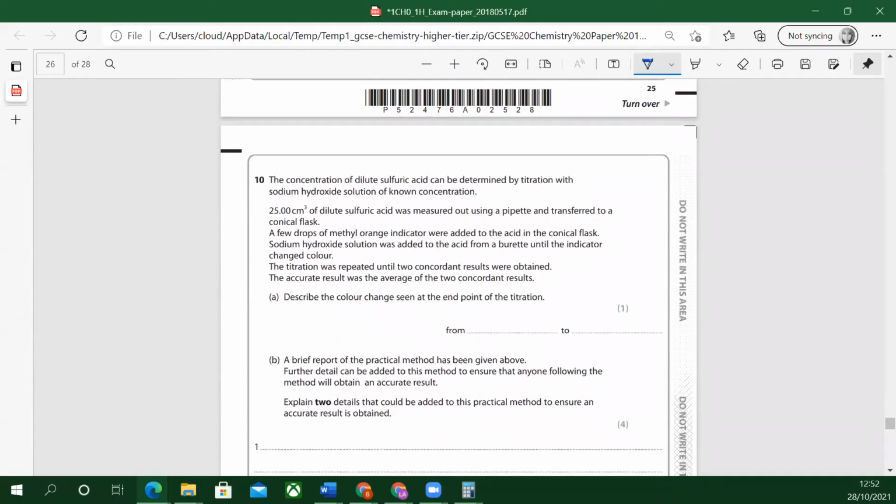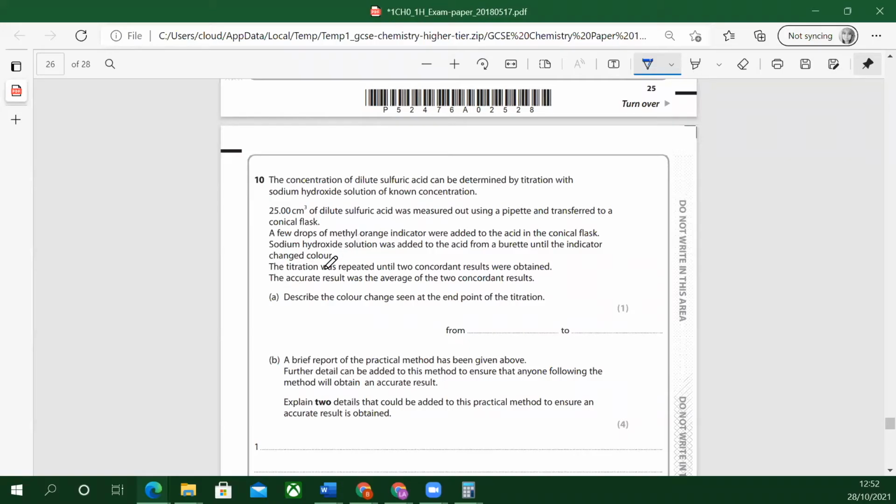The concentration of dilute sulphuric acid can be determined by titration with sodium hydroxide solution of known concentration. 25 centimeters cubed of dilute sulphuric acid was measured out using a pipette and transferred to a conical flask.